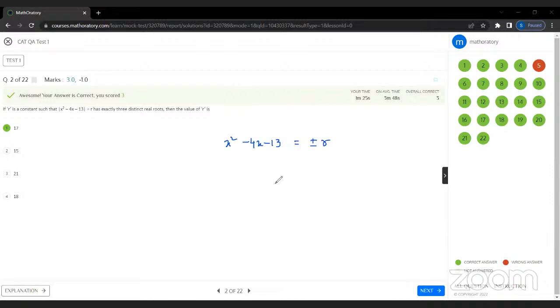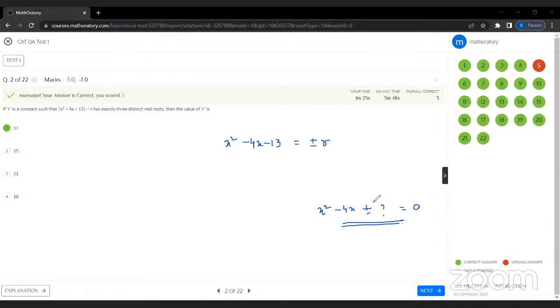In order to get 3 distinct real roots, see, if I get x square minus 4x plus minus whatever equal to 0, now this will either give me 2 roots when you have that discriminant greater than 0. This will give me no real roots if the discriminant is less than 0.